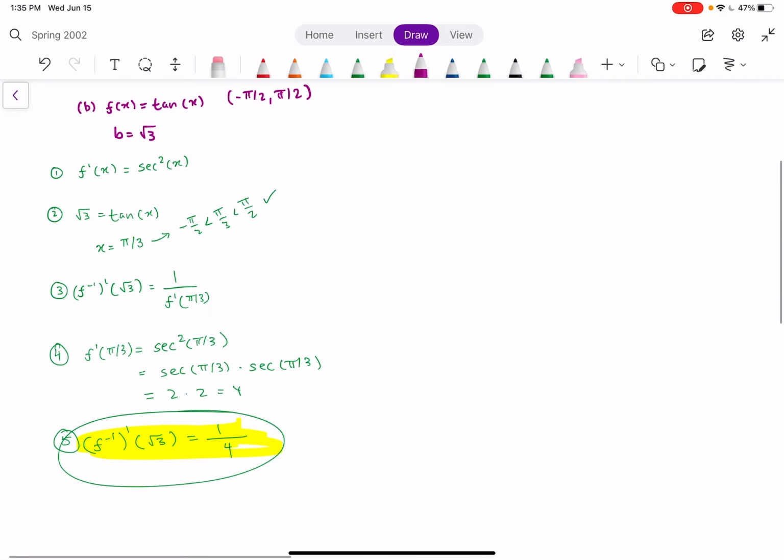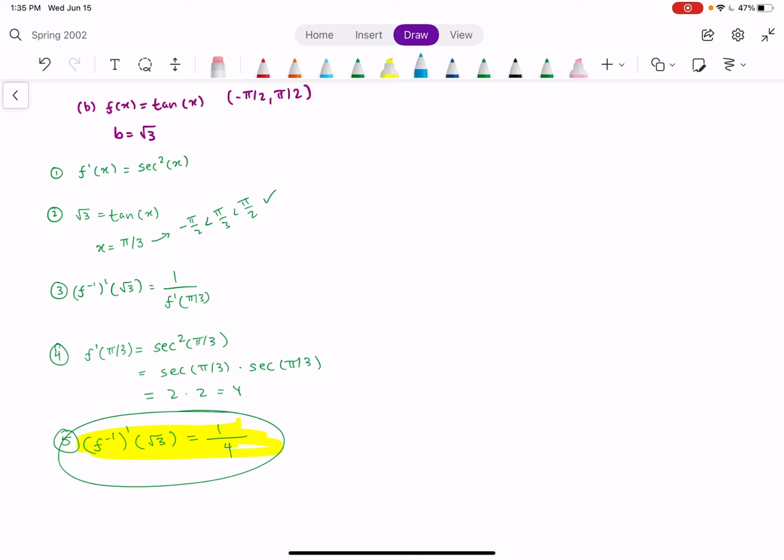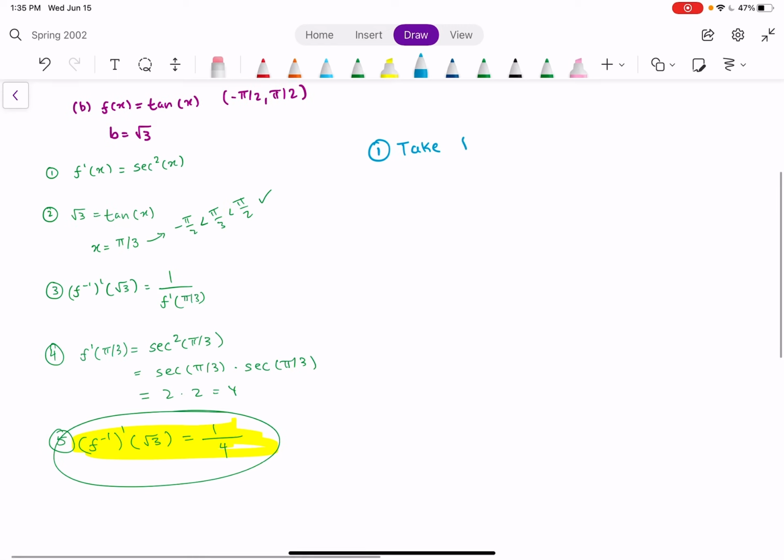So I'm going to make a step-by-step list of what you should do when you see these kinds of problems. First step, take the derivative. Second step, set the desired value, in this case b equals root 3, equal to the function.